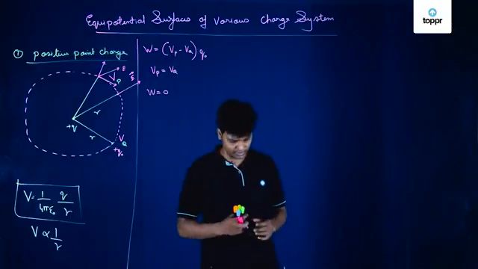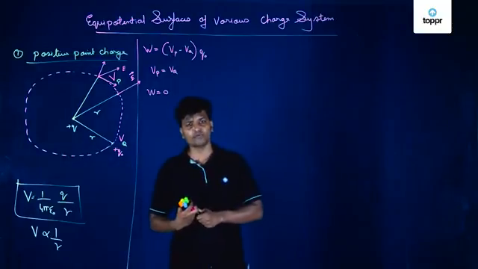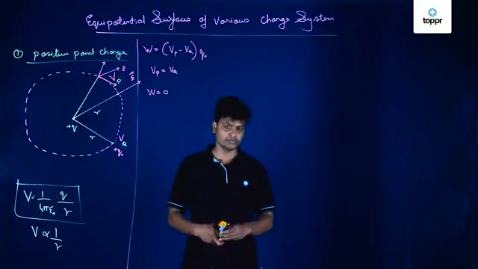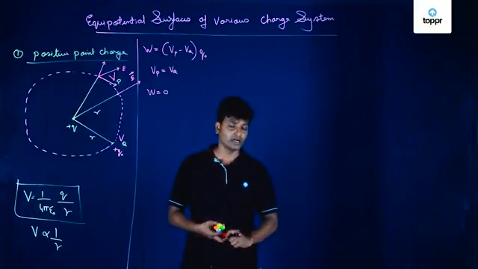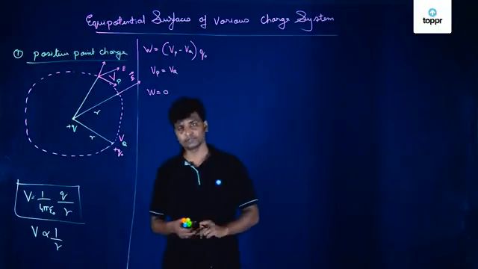Let us understand this. To understand this, we will take another system of charges. Let us take two systems of charges which are having opposite polarities.